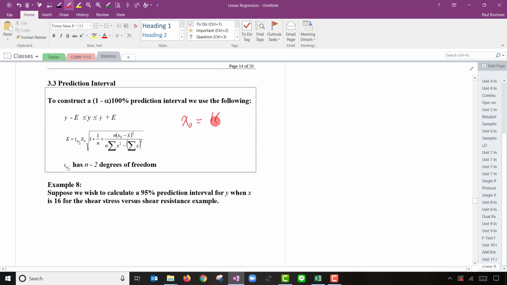Remember we plugged 16 into our model, and we got a y value that corresponded with that. I believe it was 20.1 or something. Without scrolling back too far, I think I have it written down somewhere. You don't get dizzy here. It was 20.24.